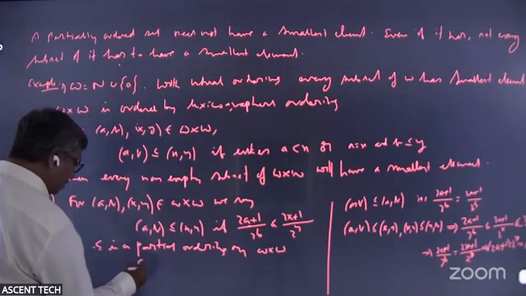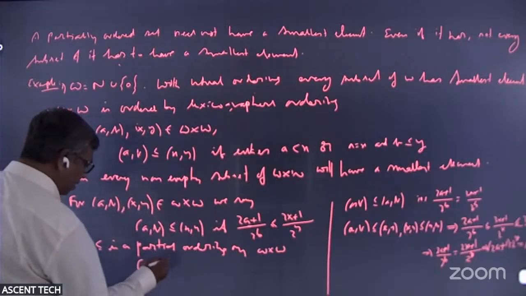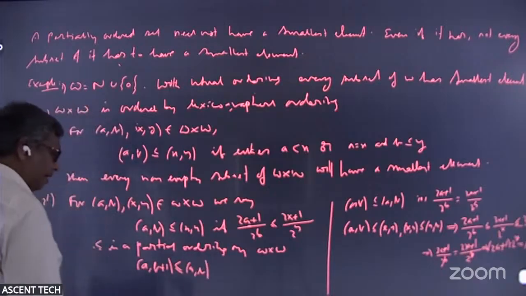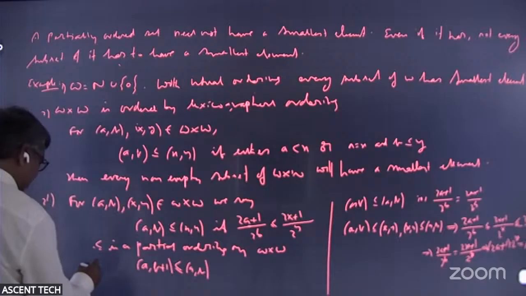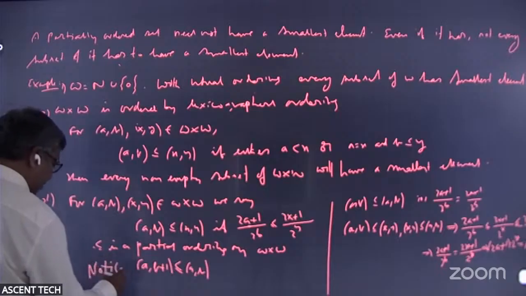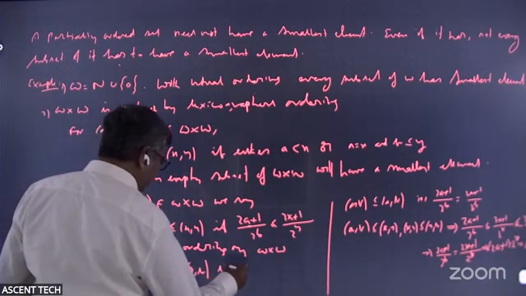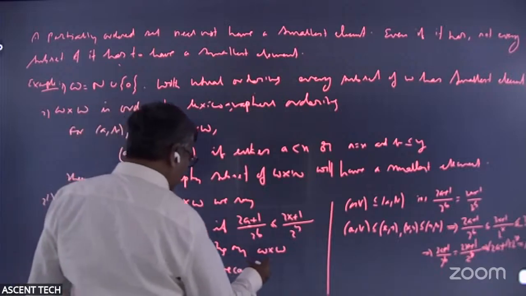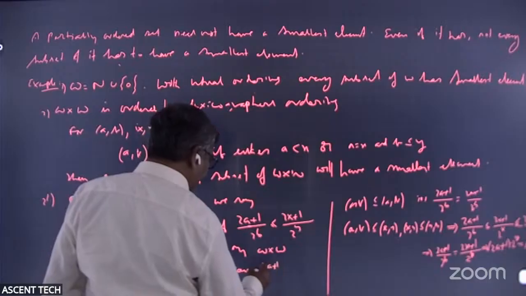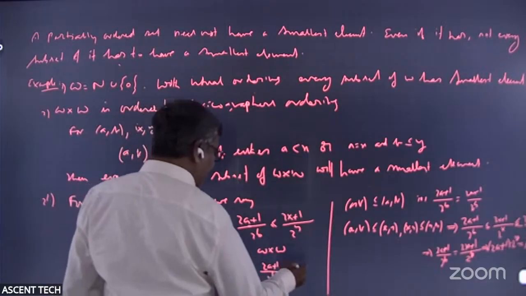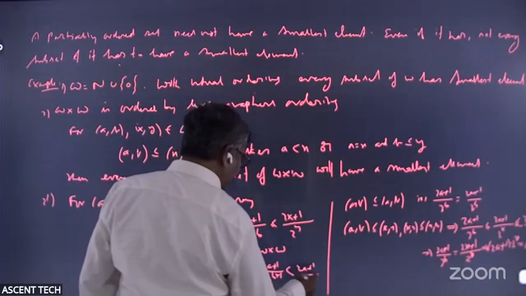And I want to see very quickly that (a, b+1) will be less than or equal to (a,b). Why? Because what does this tell you? (2a+1)/2^(b+1) is strictly less than (2a+1)/2^b, is it not?